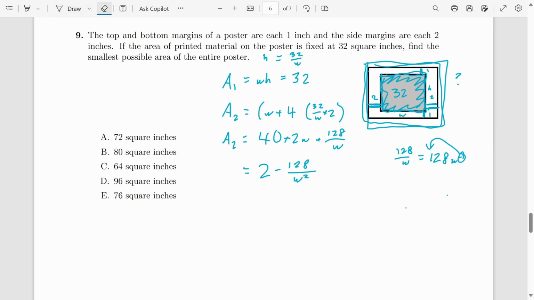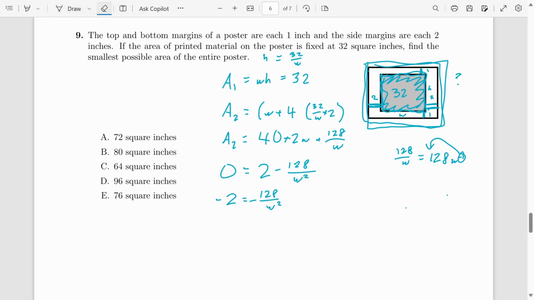Now, to find the value at which W should be to minimize this area, we set the derivative equal to 0. It's just like finding critical points, where you take the derivative and then set it equal to 0. We solve for W, and that will be the value of W that minimizes this area. So we subtract 2 from both sides to get negative 2 equals negative 128 over W squared.